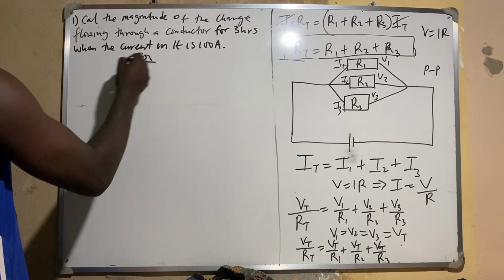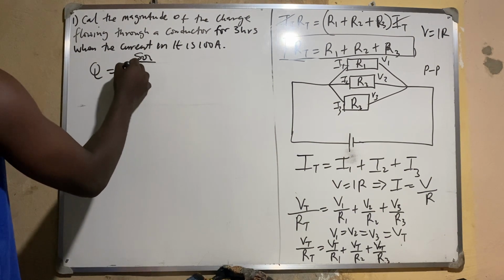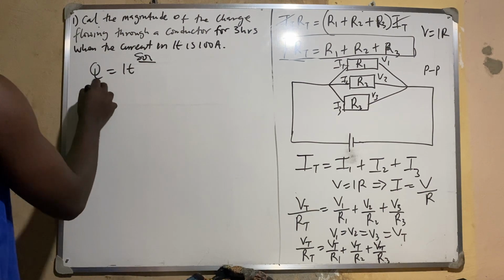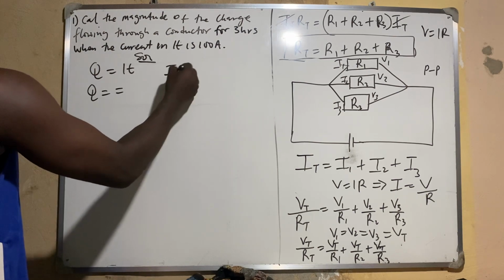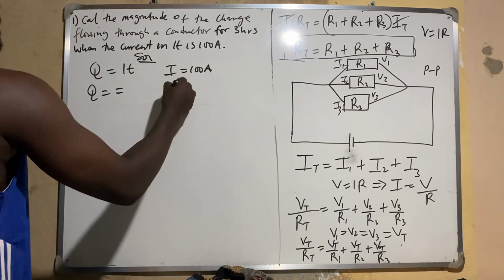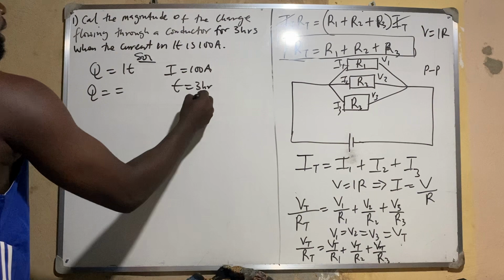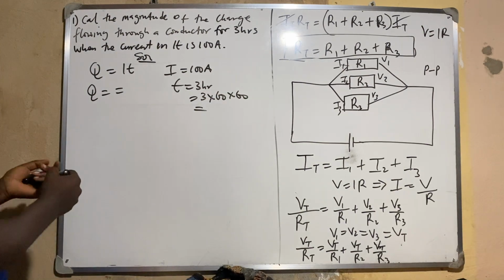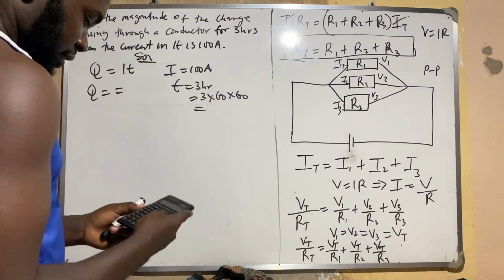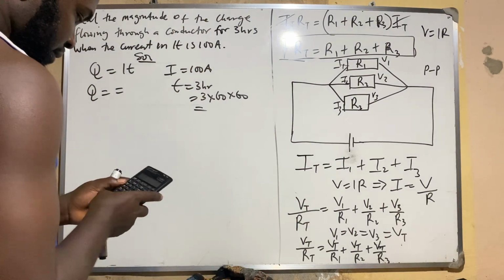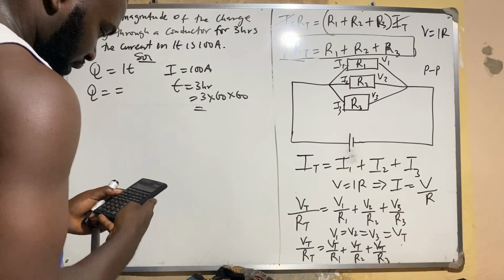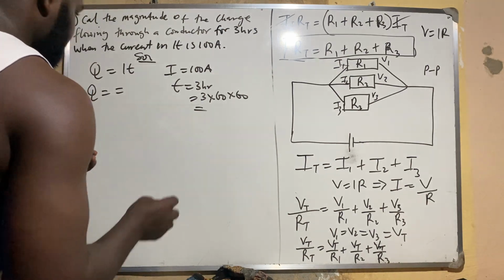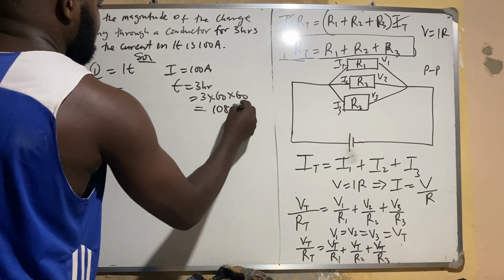Solution: I know that Q is equal to IT. They say we should find the charge. They gave me my current as 100 ampere and my time as 3 hours, and 3 hours is 3 times 60 times 60 to keep it in seconds. So I have 10,800 seconds.